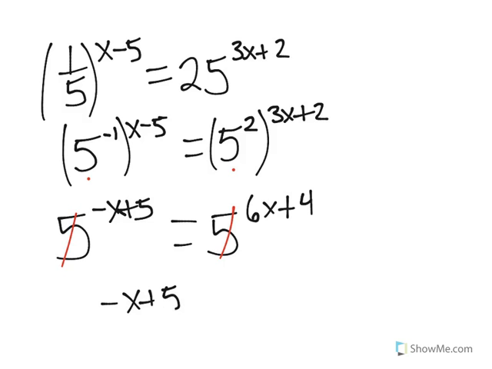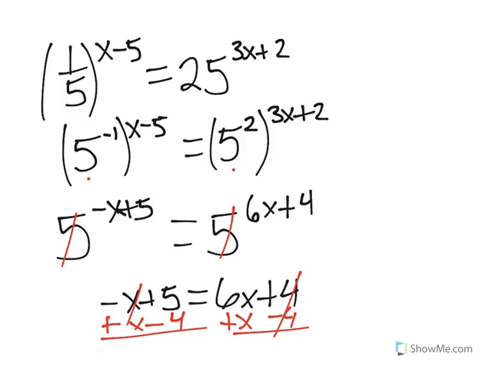So negative x plus 5 is equal to 6x plus 4. I can add this x over and subtract this 4. The 4's cancel, the x's cancel, and I get 1 is equal to 7x.